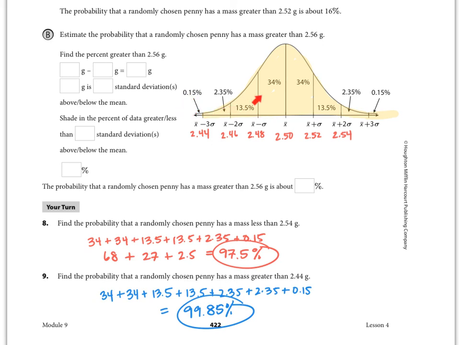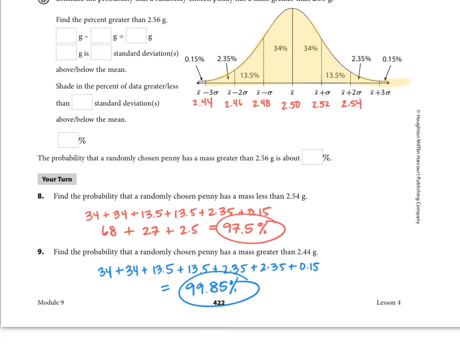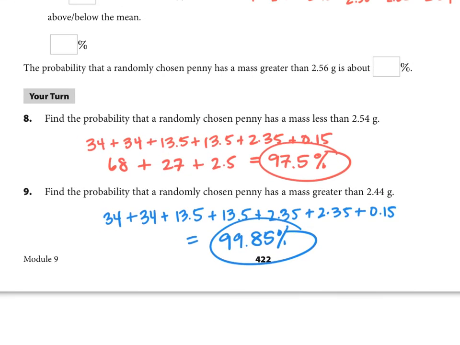So I made sure I shaded in everything going all the way to the right. And so you can see here on the bottom that I actually added the percentages together, but I could have easily just started off with 100% and subtracted that 0.15% and still get the same answer. So that's just another strategy that you can use.